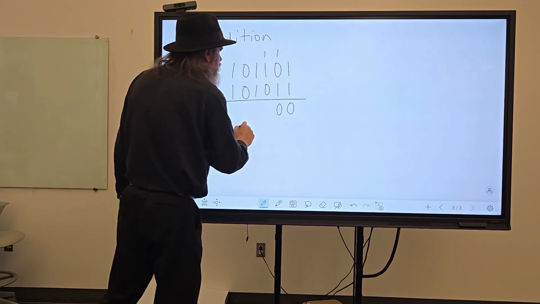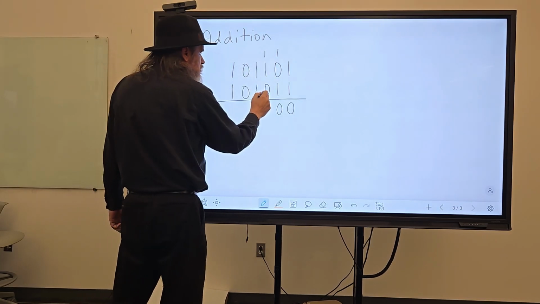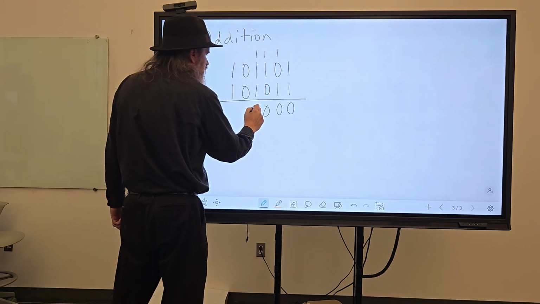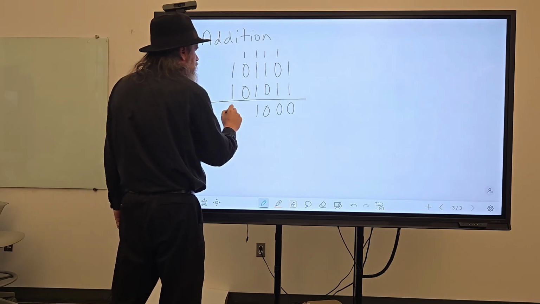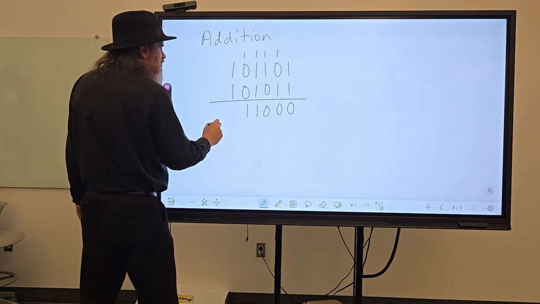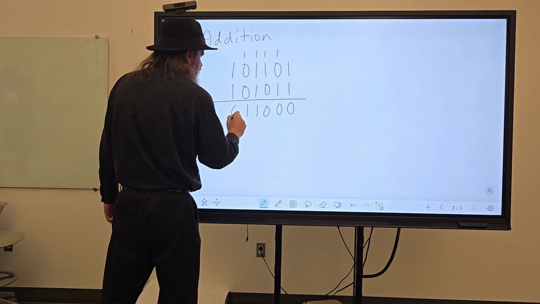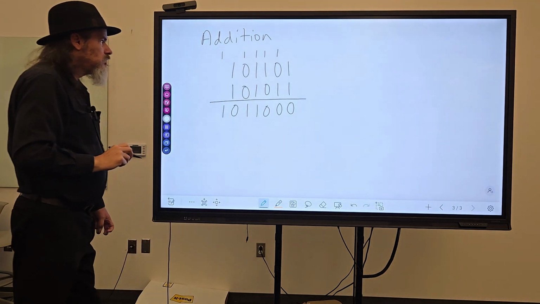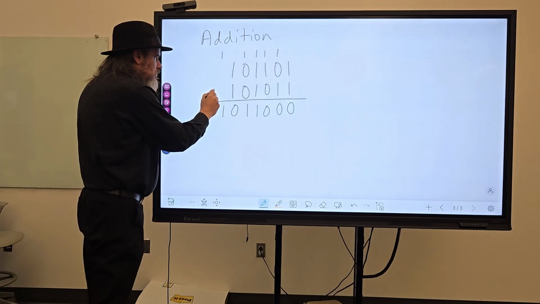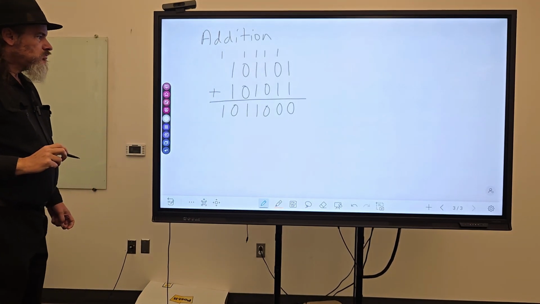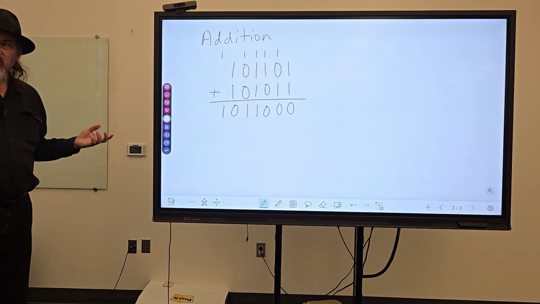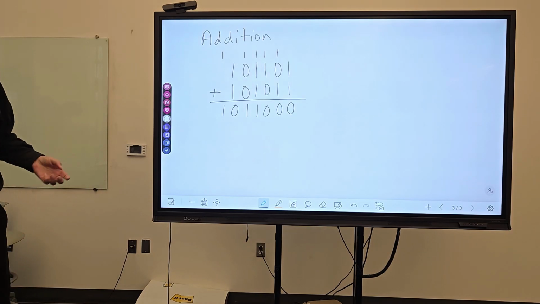Carry the 1. 0, carry the 1. 1, 1, so 1, carry the 1. 1. And then 0, carry the 1, 1. So it works just the same as decimal, just with fewer symbols.